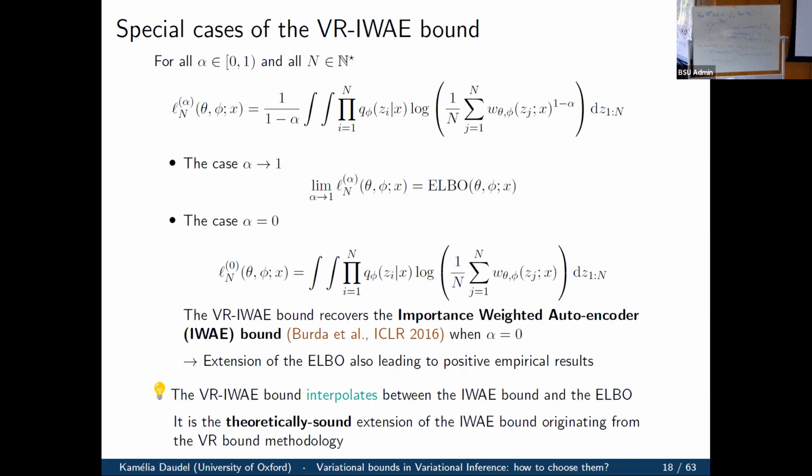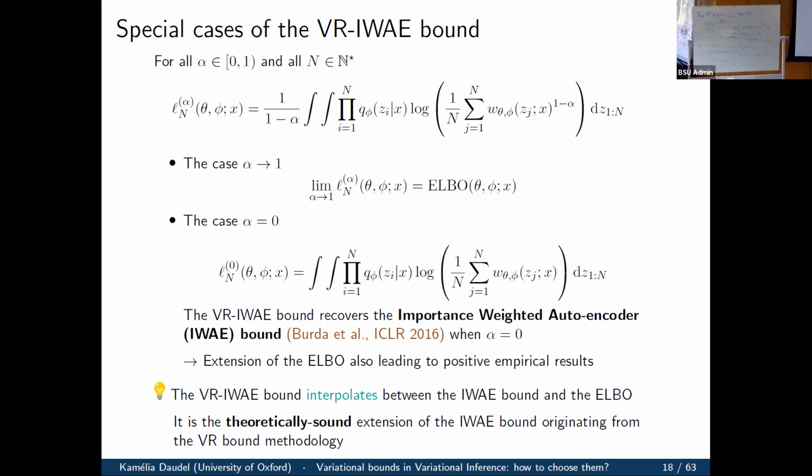Okay. Compared to before, where the VR bound was interpolating between the marginal log likelihood and the evidence lower bound, we're now in a case where we interpolate between the IWAE bound and the evidence lower bound. And the second line is a summary of what I've said thus far, which is that this IWAE bound, which existed in the literature, has now been extended in a theoretically sound manner to the VR bound methodology.